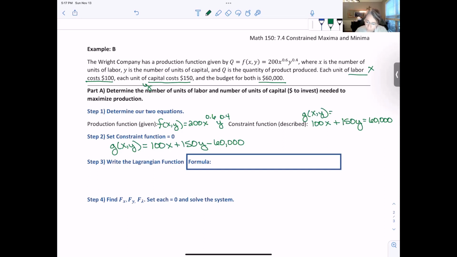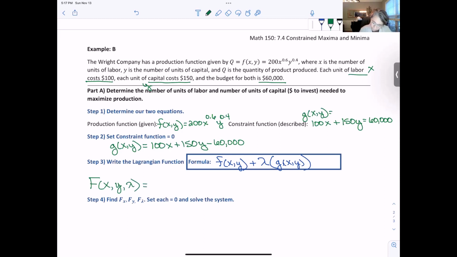And here's the formula for that. I'll write it in blue here, where you take the original production function plus lambda times your constraint function. So in this particular problem, we'll use capital F for this function, and it's going to be in terms of x, y, and now also lambda as an input value.